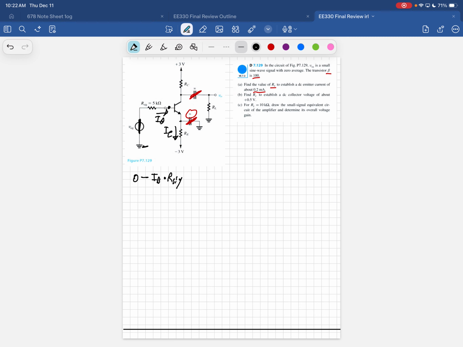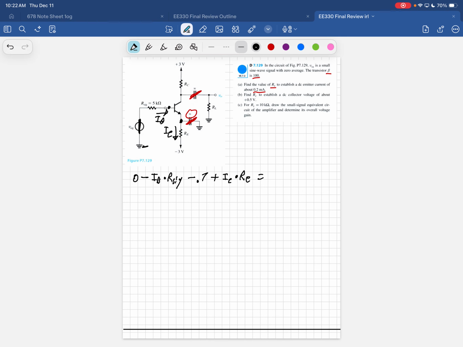And then your voltage at the emitter will simply be minus 0.7. You just assume that 0.7. And then the voltage drop across your resistor, RE, is going to be IE times RE. You're adding that?